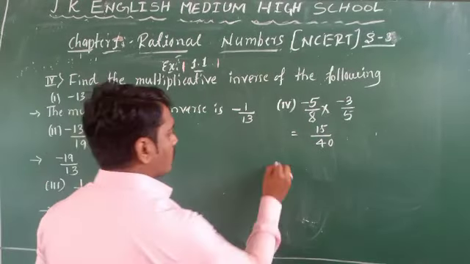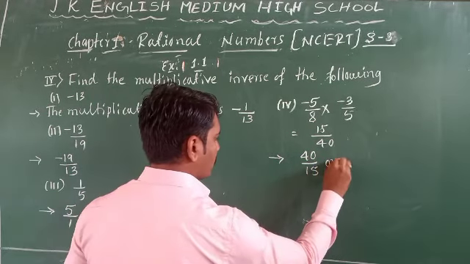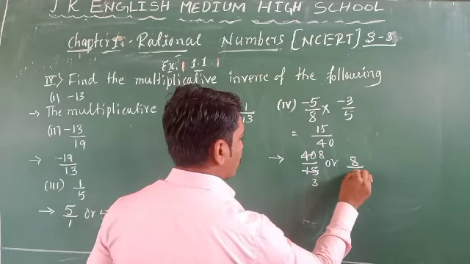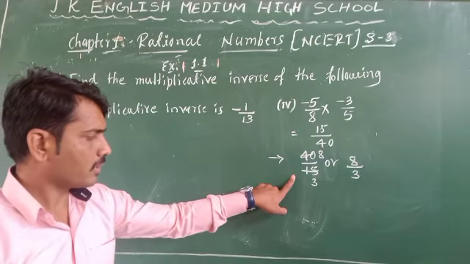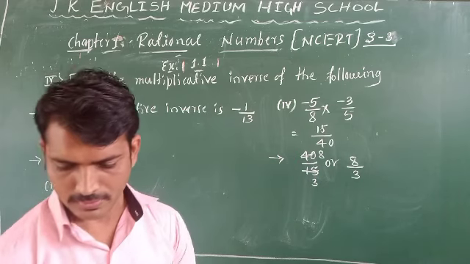Correct? Later on, what is the multiplication? 40 by 15, or 5 3s are, 5 8s are, 8 by 3 also we can write. 40 by 15 you can write, otherwise 8 by 3 also we can write after the simplification.